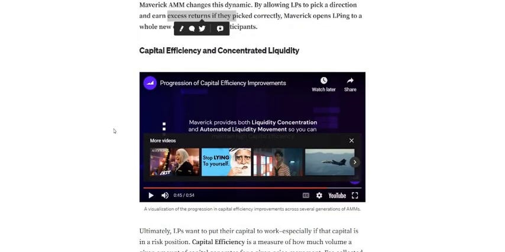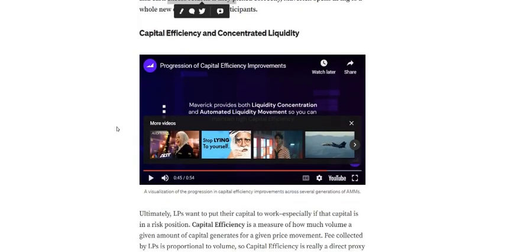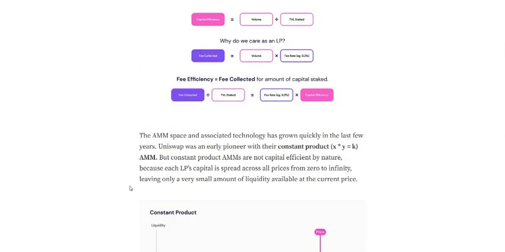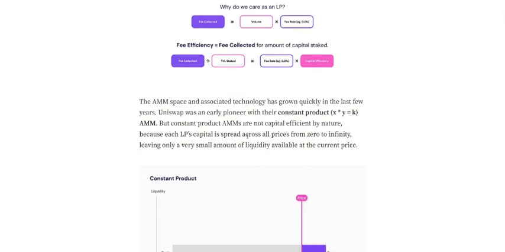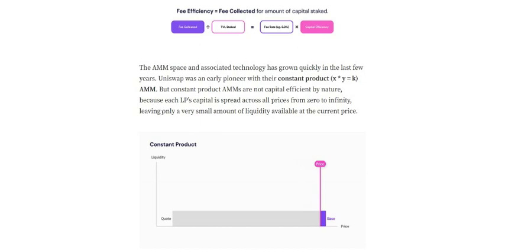Coming back to this article where they are elaborating on capital efficiency and concentrated liquidity. Here they explain how constant product AMMs are not capital efficient by nature, as LP's capital is spread across all prices from 0 to infinity. Thus, it leaves only a very small amount of liquidity at the current price.